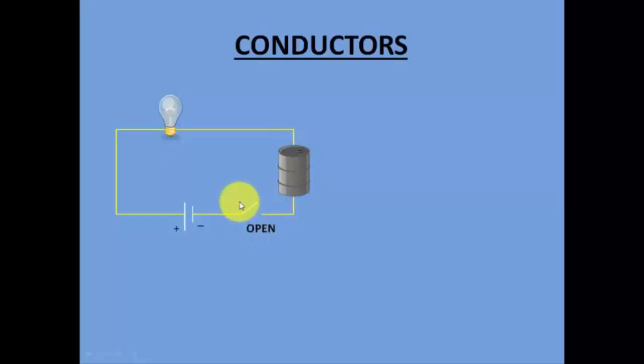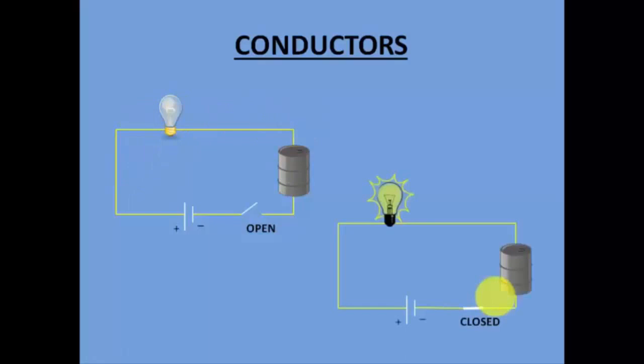What happens when the switch is open? The negatively charged electrons will not flow because the circuit is not complete, it is open. They will get stuck here, and because the circuit is not complete, the bulb will not glow.